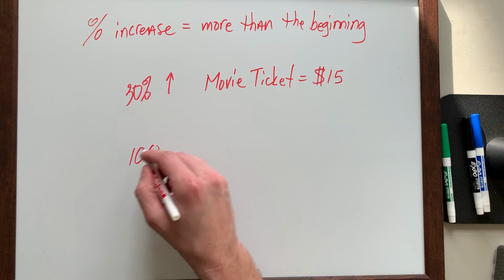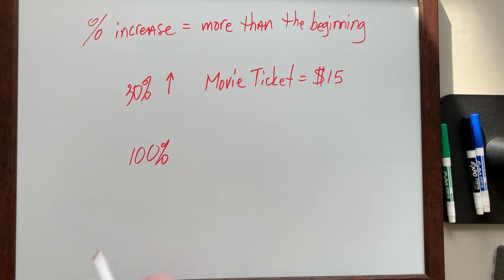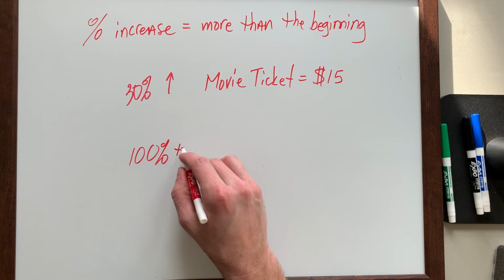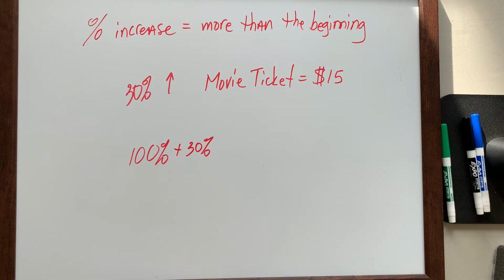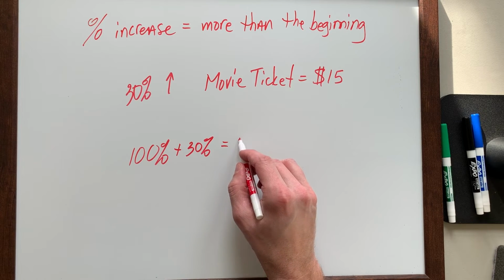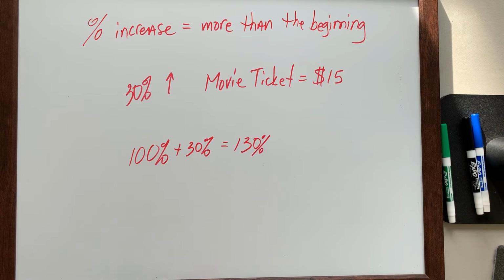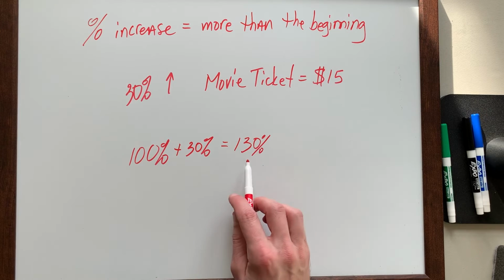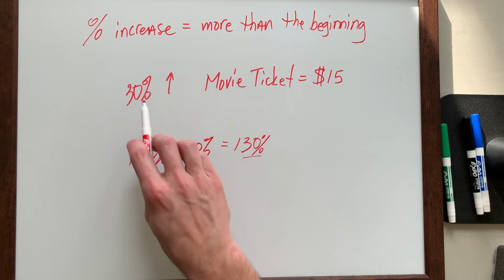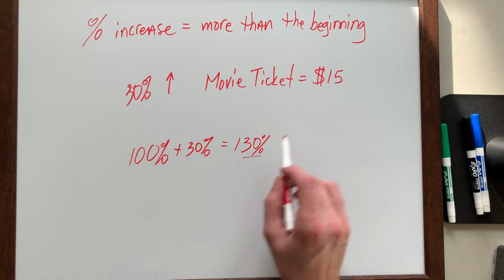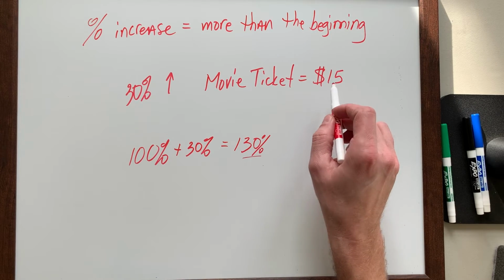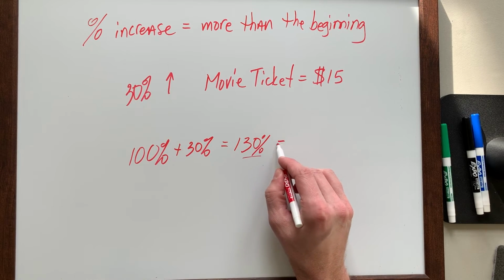That was 100% of the cost of a movie ticket, but now we're adding 30, okay? If we're adding 30%, then the new price is going to be 130% of $15. The 100% is 15. This 30 right here is the increase. And so I know that 130% times 15 is going to give me the new price, okay?